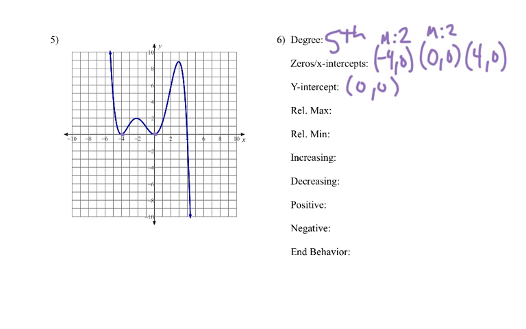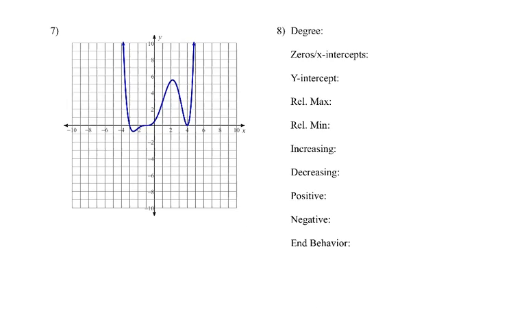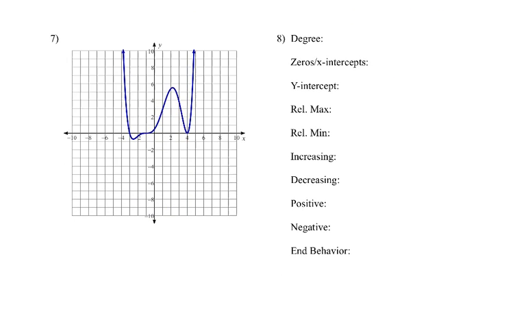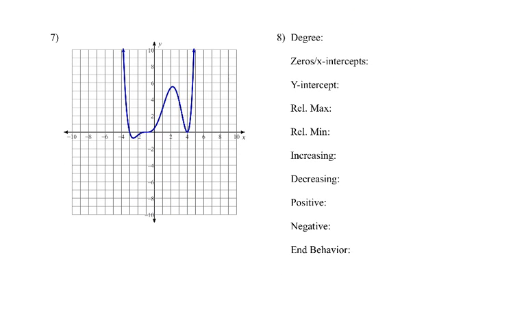All right? Okay, number 6 or 7. Oh yeah, because the way I did it, right? All right. So the degree here, we've got 1, 2, 3 that we see. So I've got negative 3, 0, which, because it crosses the way it does, looks like a multiplicity of 1.